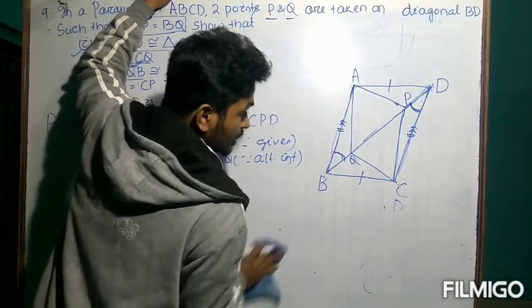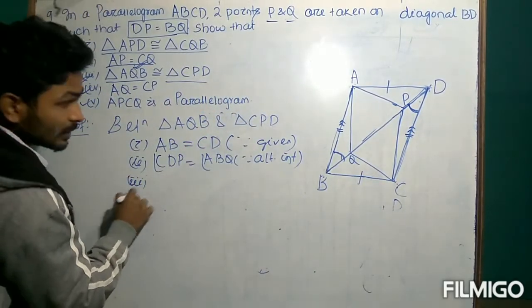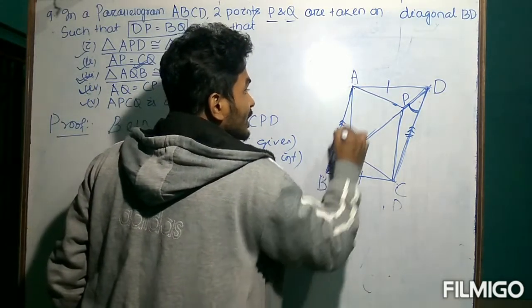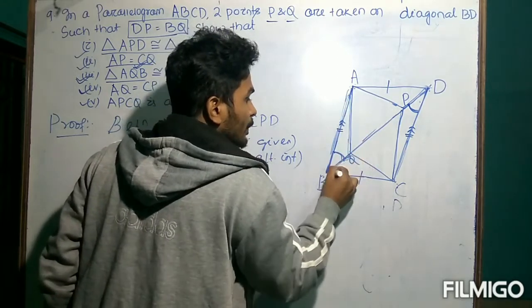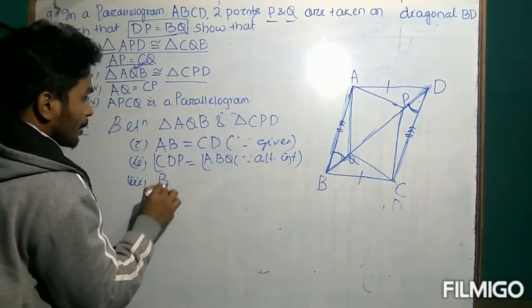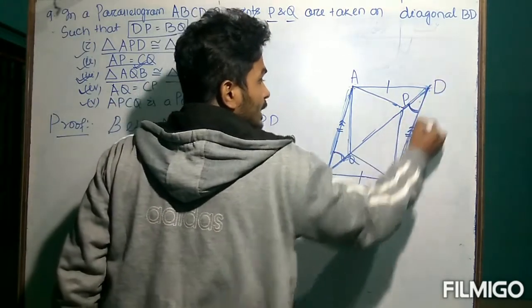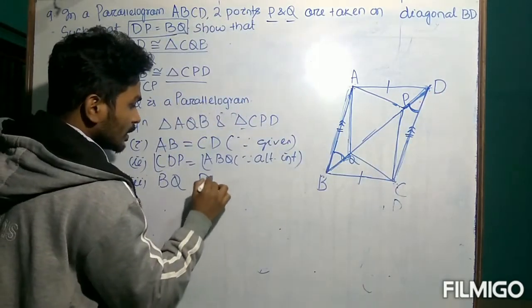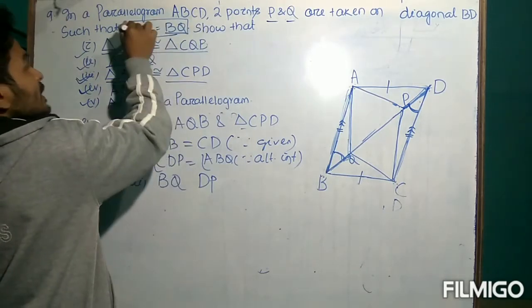Moving to the third condition. Already in the triangle ABQ or AQB, BQ is a side, and for the triangle CPD, DP is a side. And it is already given that BQ is equal to DP.